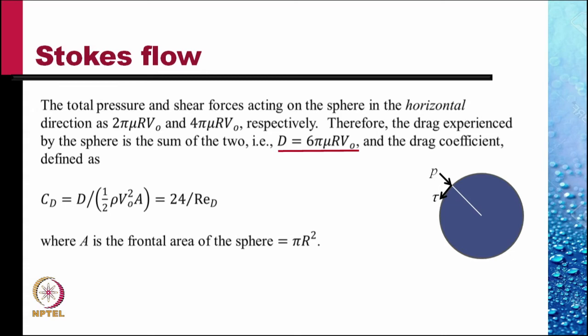It wasn't mentioned there that this is only at very low Reynolds number. It was given as the drag on a sphere. But now we know that this refers to drag on very small particles moving at very small velocities, like dust particles in air.